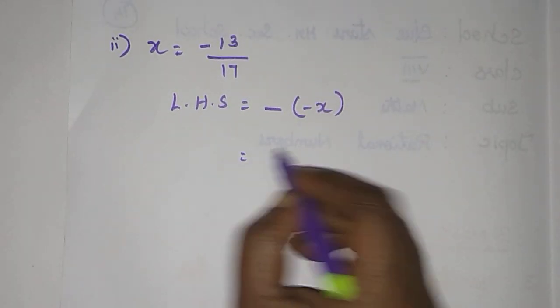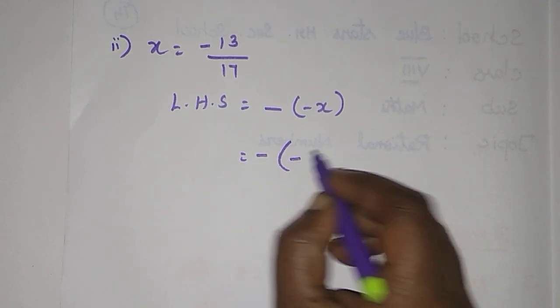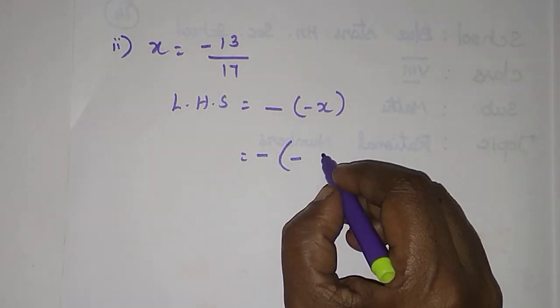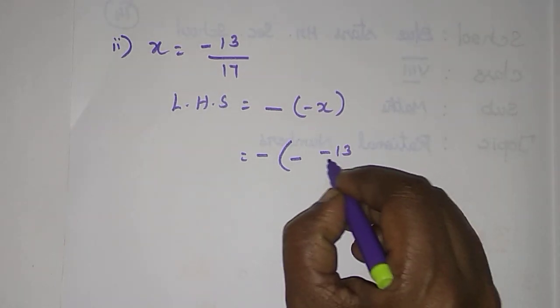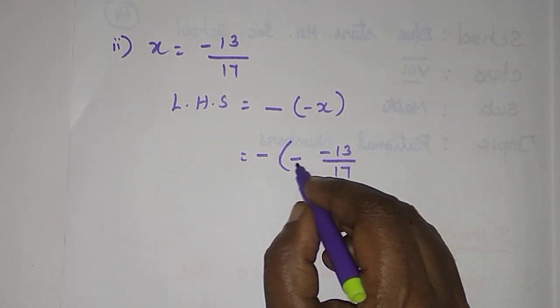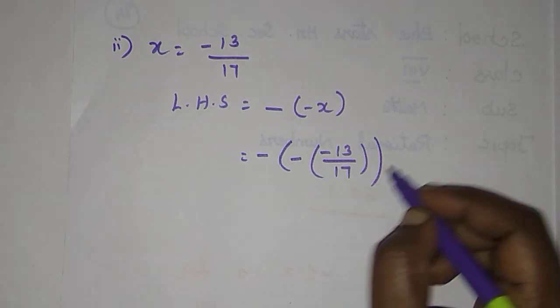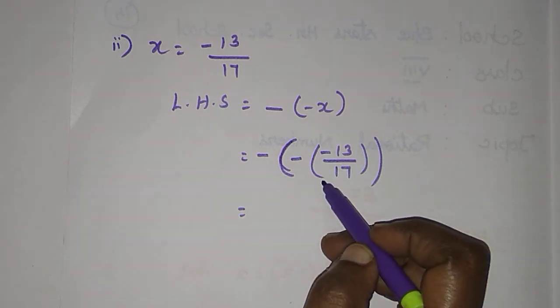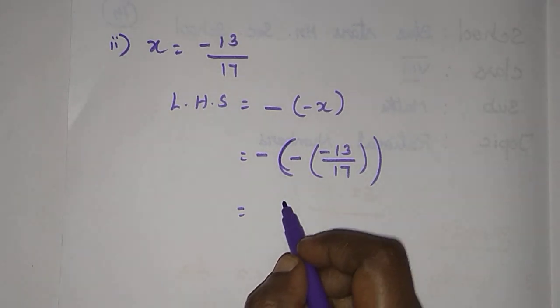What is the x value here? Minus 13 by 17. So right here minus 13 divided by 17. Here two symbols are there, so put the bracket, one more bracket. Now see, there are three symbols here. We want to convert it to one symbol.